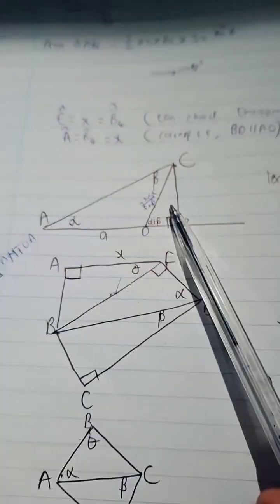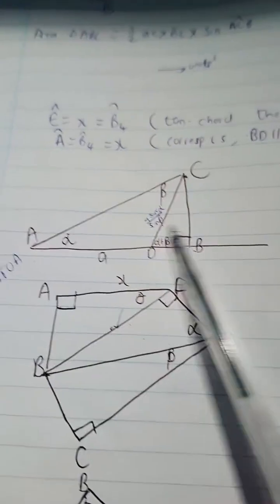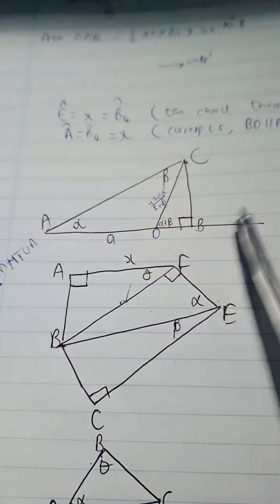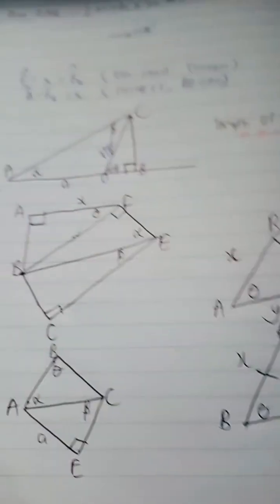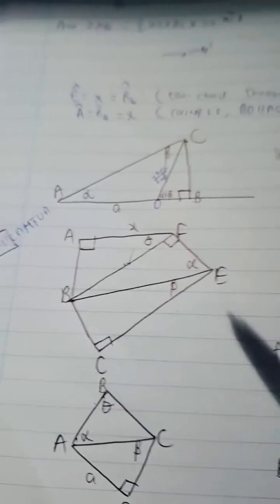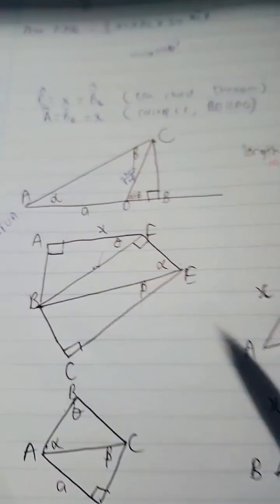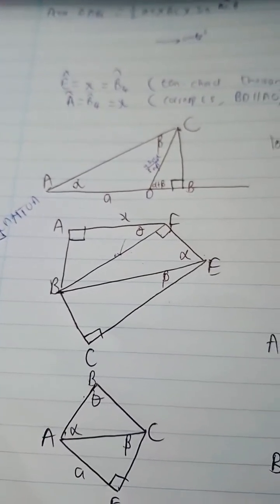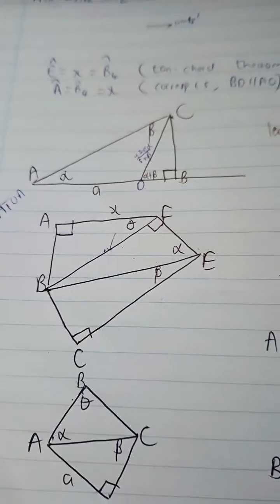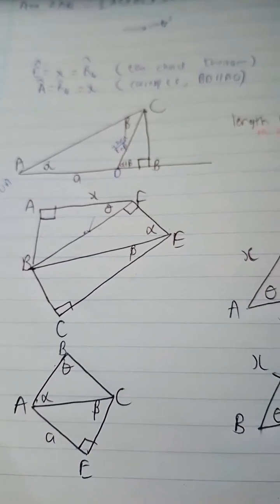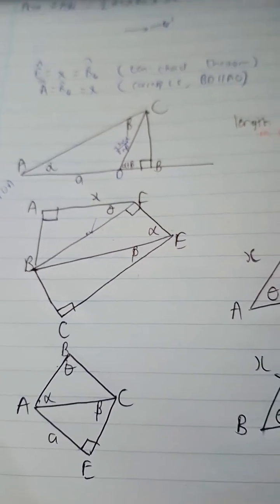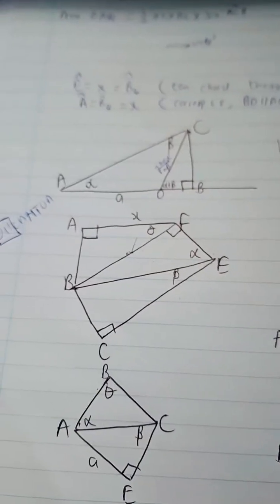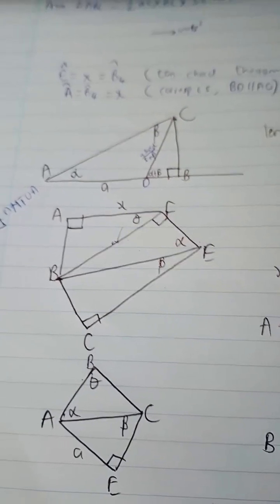So for instance, I did these types of problems where you are supposed to find the length of BC in terms of alpha, beta, and theta, after exploring all the rules: the sine rule, the area rule, the cosine rule. In part 1, I go through all the rules, and I don't think I go deep into the individual problems for cosine, area, and sine rule. But just check it out. Part 2 is where I go into more problems on the sine rule, area rule, and cosine rule.